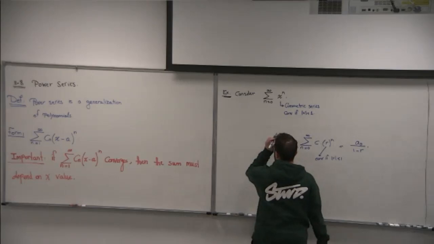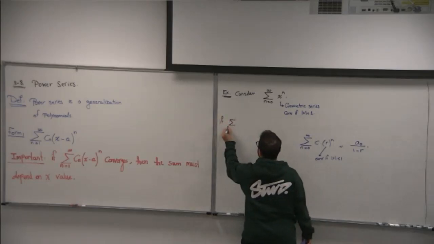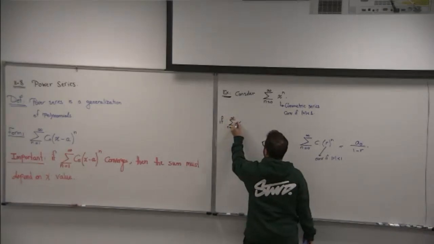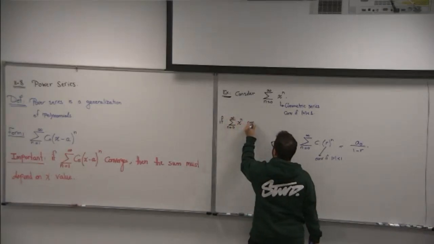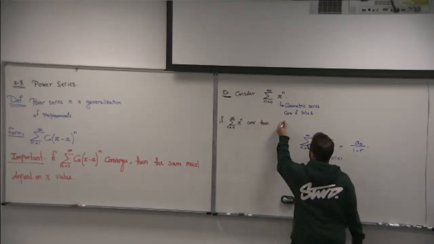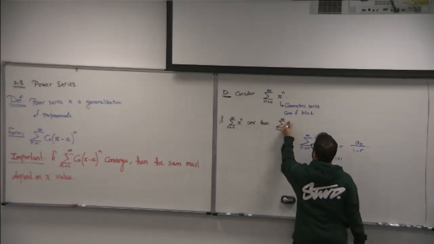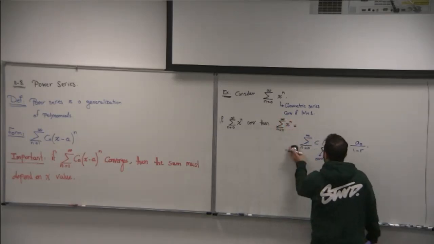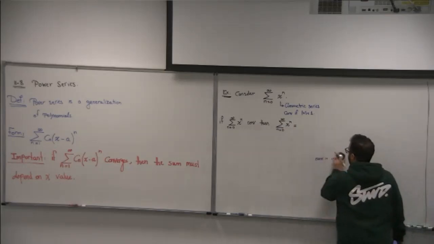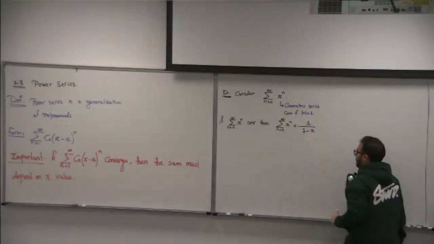So now, if that series converges, what would the sum of that series be? It would be the first term. You plug in n equals 0, you get 1 divided by 1 minus the ratio, which is x.